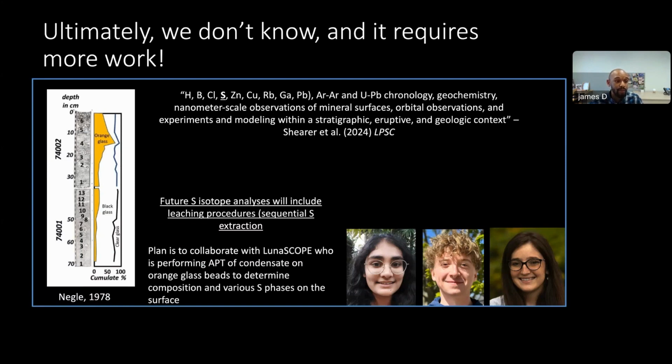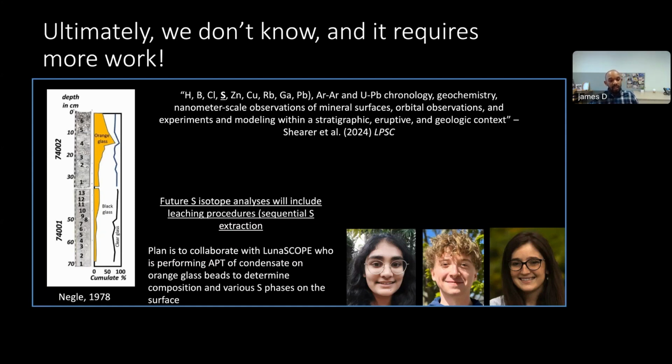Particularly, we'll look at the topmost part of this core, which is a different sample, 74220, versus the bottom, to see if there are distinct differences in how these materials were processed, because this could provide additional insight, especially with those in-gassing models, into how much sulfur is in-gassed and the different environments related to how processed these materials are.